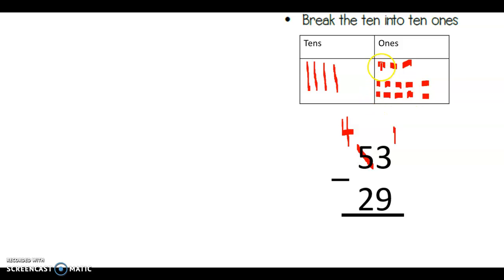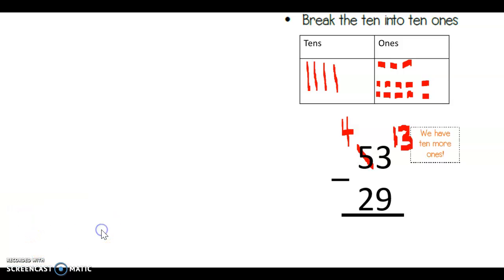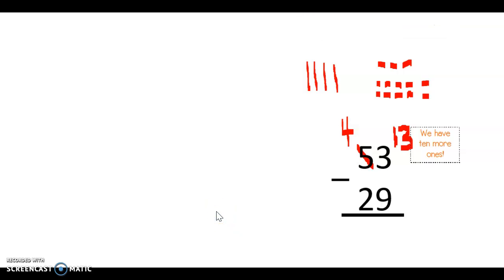So my 10 ones plus my 3 ones will give me a total of 13 ones. Well, if I have 13 ones and I want to subtract 9 ones, it seems like I now have more on top. So we have 10 more ones added.